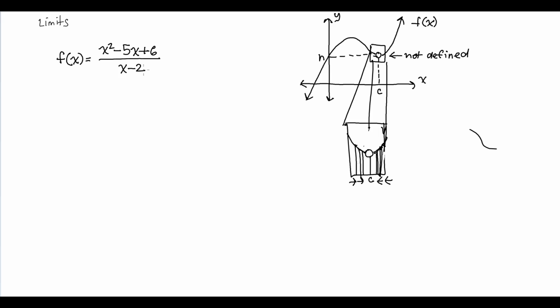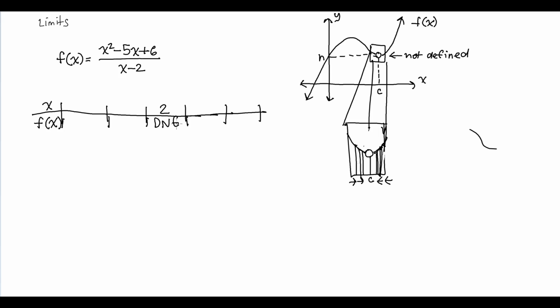If we were to make a table of values, you'd use a calculator. This is x, this is f of x. Our function is not defined at 2, because we would get a denominator equal to 0. So let's put 2 in the dead center. The input does not exist there, but what happens as x approaches 2?